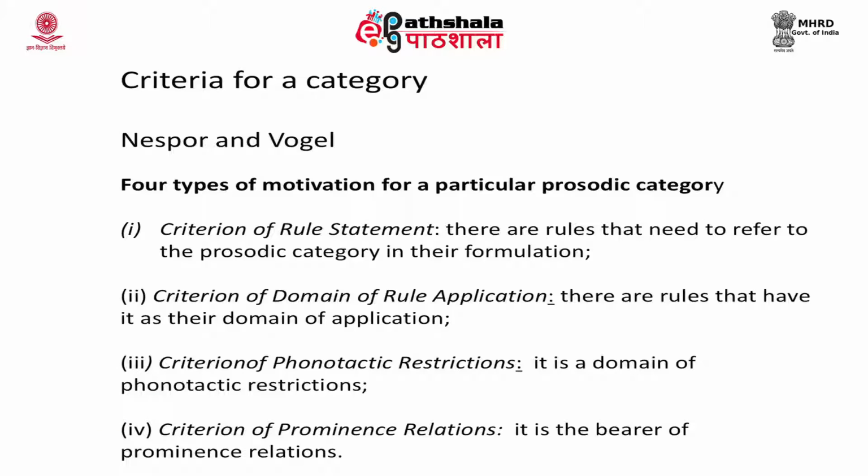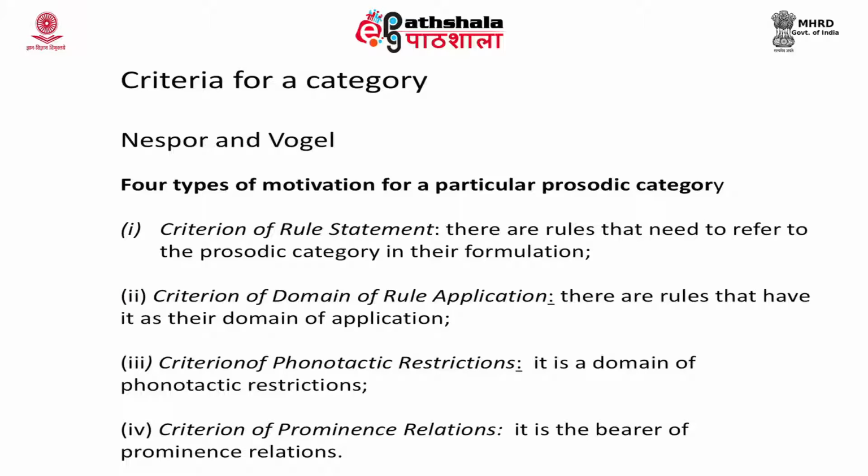What they mean is, one by one, that a prosodic category must be included in the statement of a rule. So if you're talking about a foot, then a foot must be visible within the rule. So foot is an environment. The other is the domain of rule application: the category is not included in the statement of the rule, but we know that the rule applies within this category.